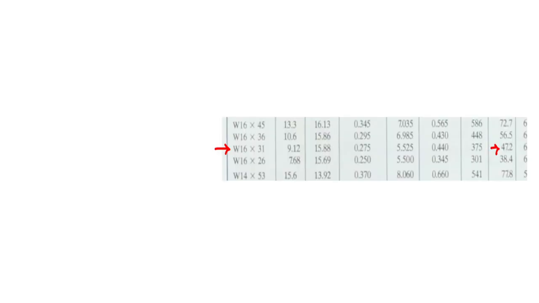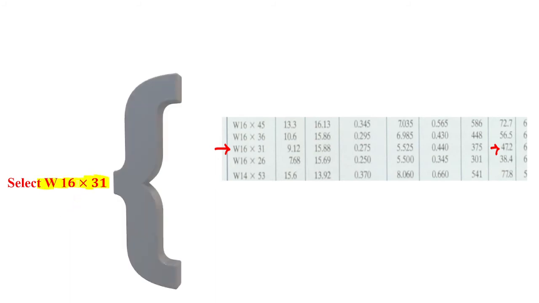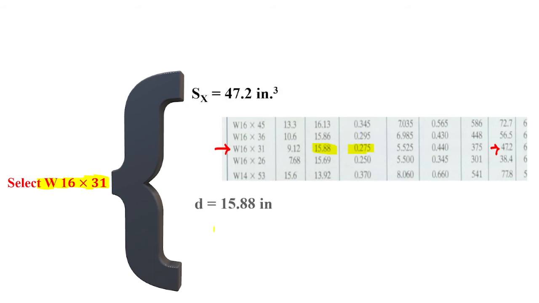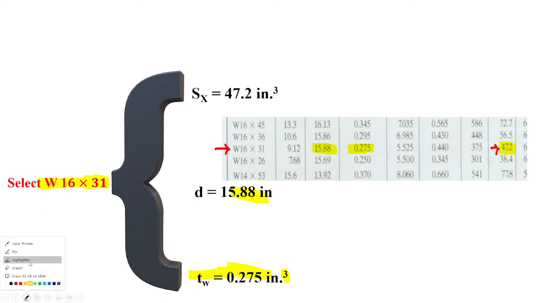So you are selecting section W16 by 31, which has Sx equal to 47.2, depth is 15.88, and TW is 0.2775 inches.